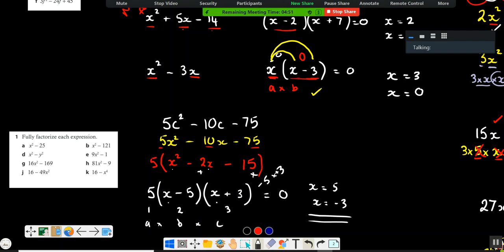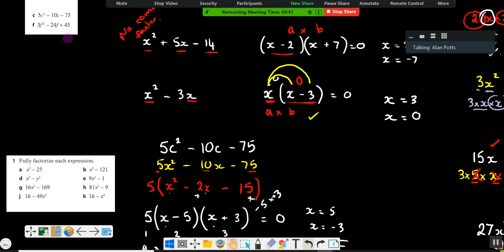Yes, good. Right. I'm glad it does. Okay, have a go at this one then. 3f squared minus 24f plus 45. What I'm going to do is I'm going to stop the meeting. So if you write that question down, and then I'm going to restart it, and then when you're done with the question, you can rejoin the meeting and tell me what the answer is.